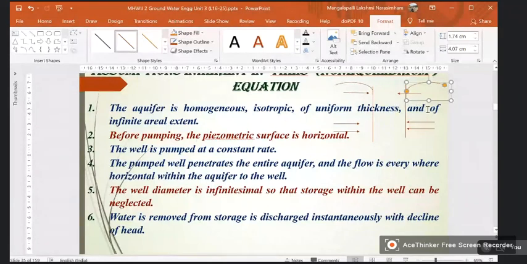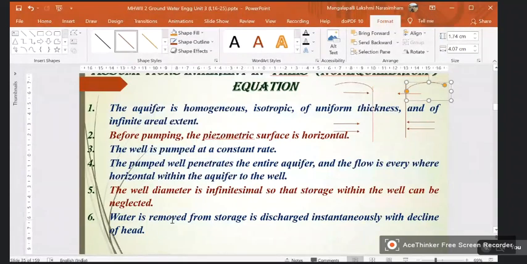So there will be a relative storage sometimes. So therefore, to avoid that situation, we consider the pumping well diameter is small.